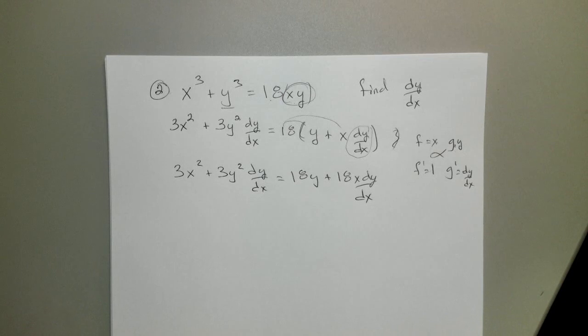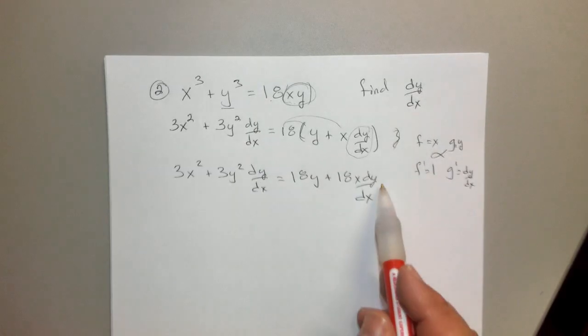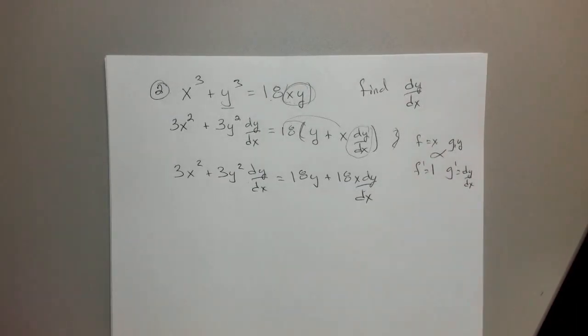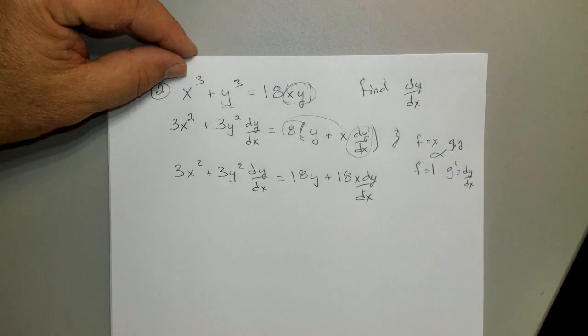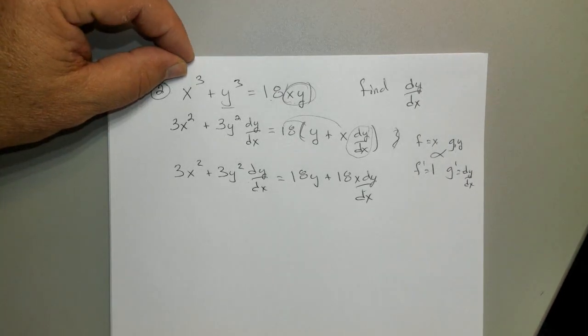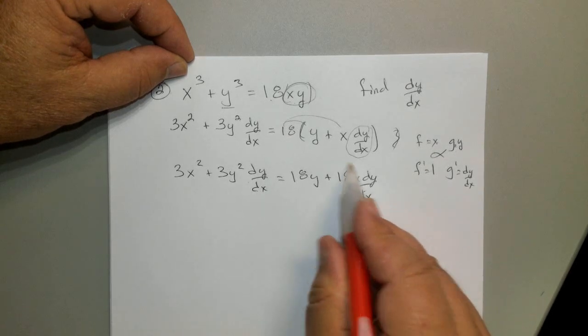What do we move? There's no wrong answer here, because you either move this one to that side or that one to this side. Which one do you move? Okay, let's move this one.